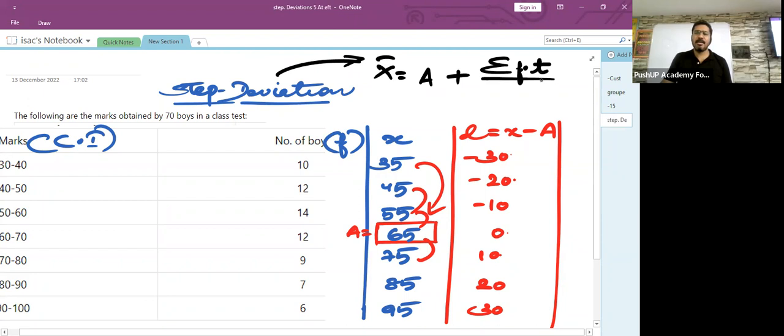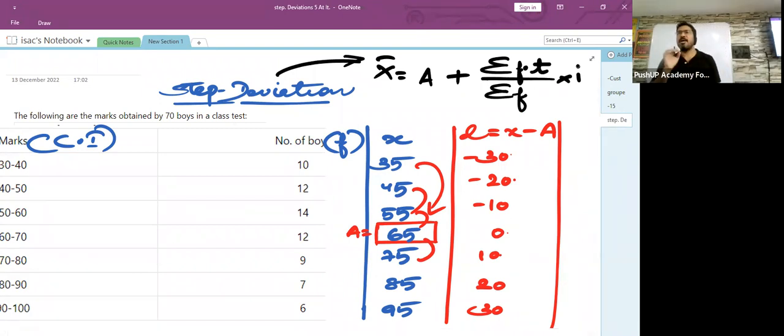It's not d, it is t, okay? Divided by sigma f, multiplied by i. What is the formula, children? Assumed mean A plus sigma f into t. In shortcut method, it was sigma f into d. Here it is sigma f into t divided by sigma f. That you all know what it is.